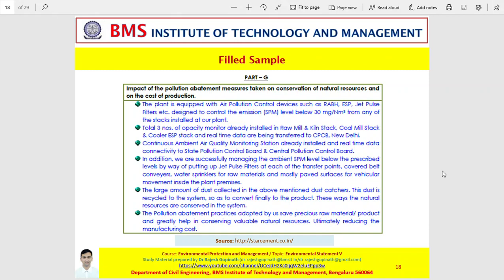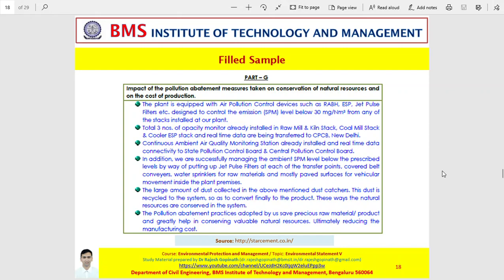So, from industry to industry, the information entered here will vary. However, the essence of why this particular clause is mentioned is to ensure that the industry takes all precautionary measures, all measures for pollution control, all measures for pollution prevention, which help in conserving the natural resources and also in cutting down the cost of production. This is an exercise which helps the industry to self-assess itself.